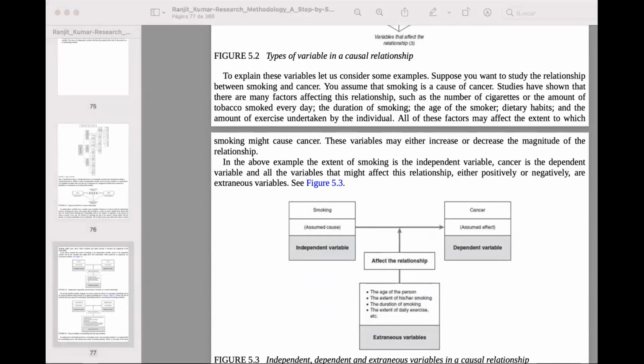So you have independent and dependent variables, but other variables in the middle trying to affect or link that cause and effect relationship. But there's always a cause and effect relationship.